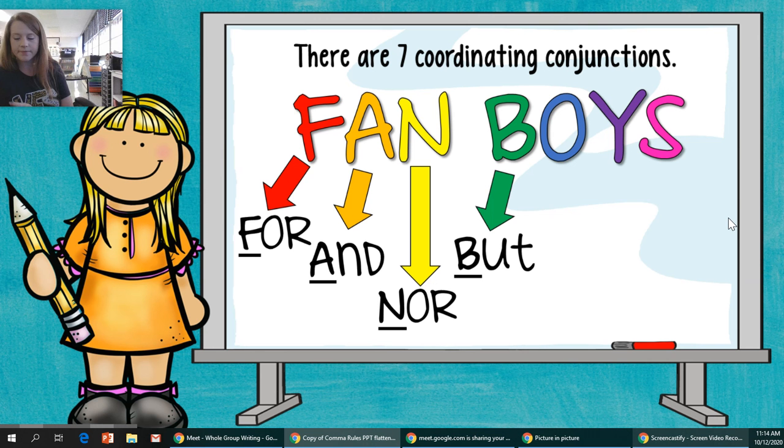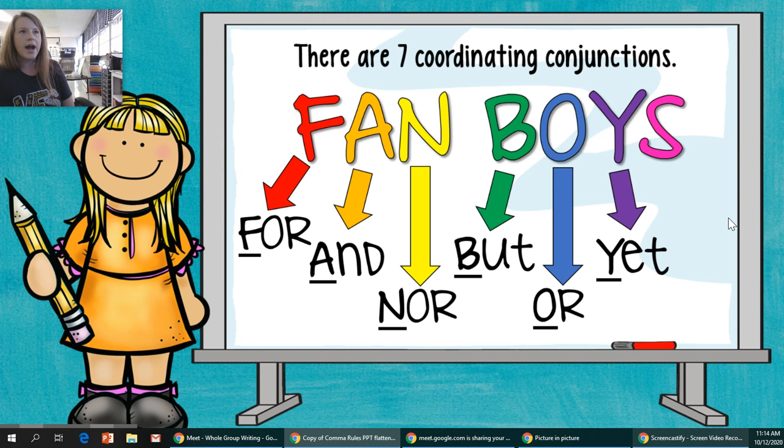B stands for but. O stands for or. Y stands for what? Yet. And S stands for, any guesses? It's 2 letters. Good, Braylon. Yeah.